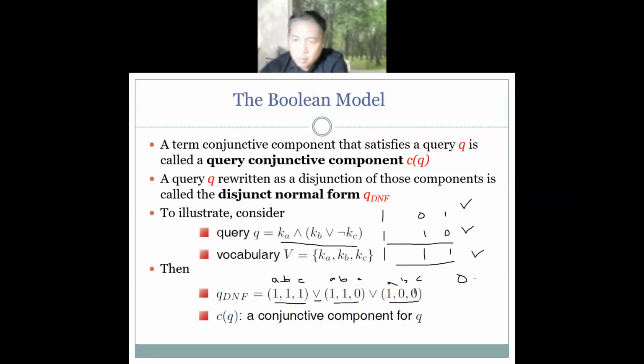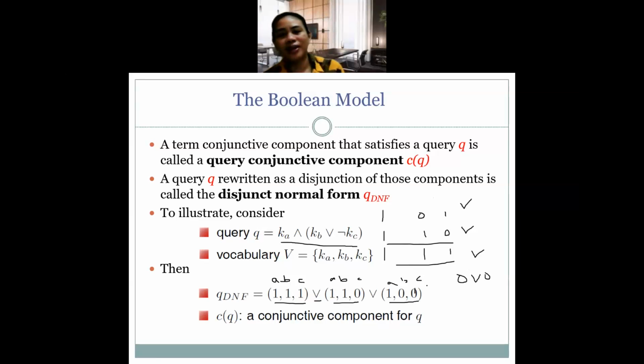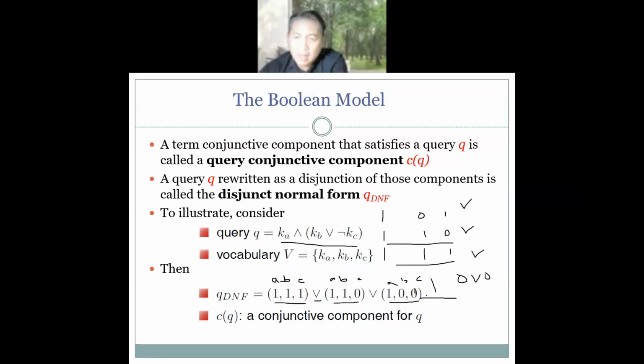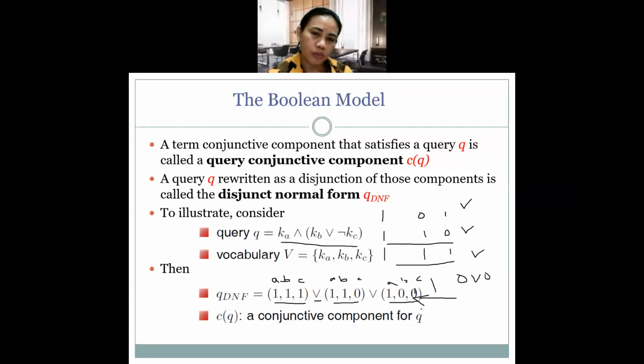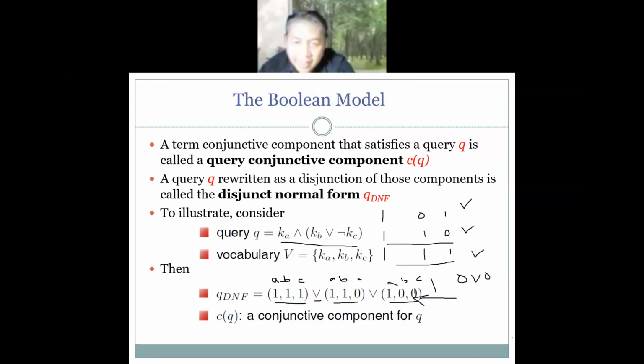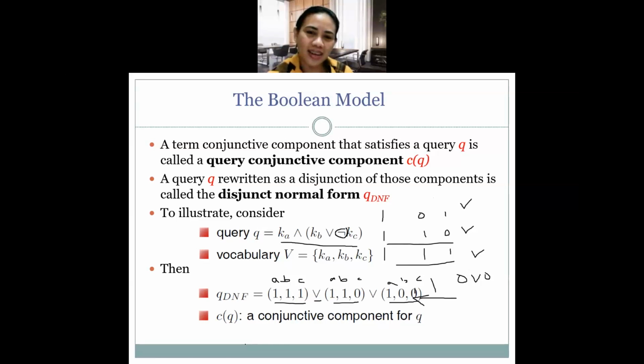So if this 1, 1, 1, 1, 1, 0, 1, 0, 1, yeah, 1, 0, 1, so 1, 0, 0 is false. This one is supposed to be 1. I'm sorry, I didn't see this one. That's the symbol, NOT. Yeah, so that's right.